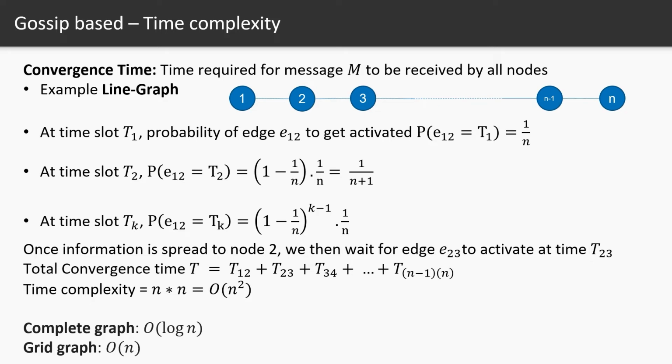At time slot t2, the probability of the same edge would reduce to 1 over n plus 1. This is because at time t2, we have the same probability as above in time t1, but along with that, the algorithm can also activate the same edge again. So we have n plus 1 possibilities of edges getting active.